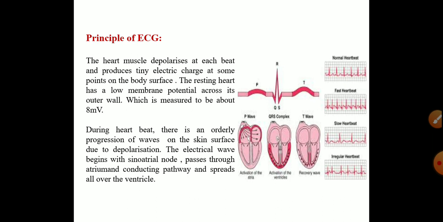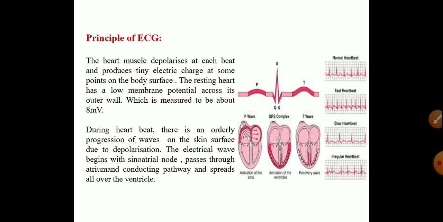First the atria will get compressed, followed by the compression of the ventricles, and at the same time the atria will get relaxed, and after that the ventricles will get relaxed. So like this, in one heartbeat, the compression of atrium and then compression of ventricles and relaxation of ventricles takes place.